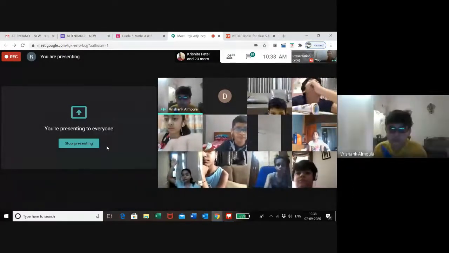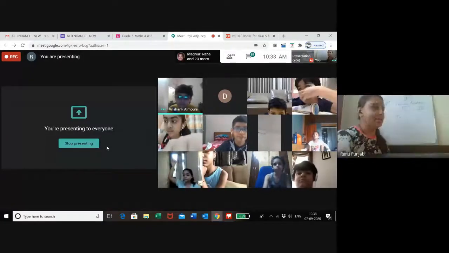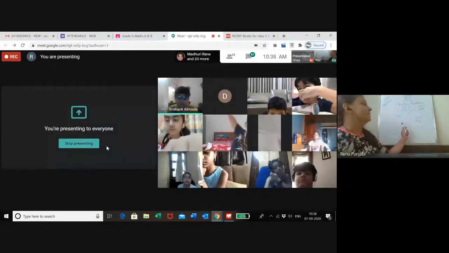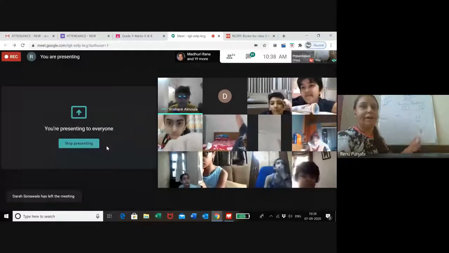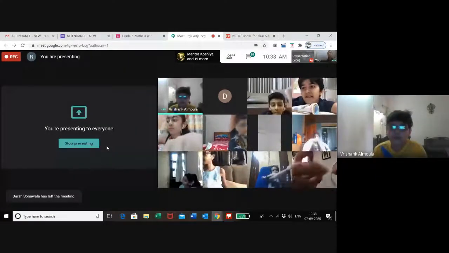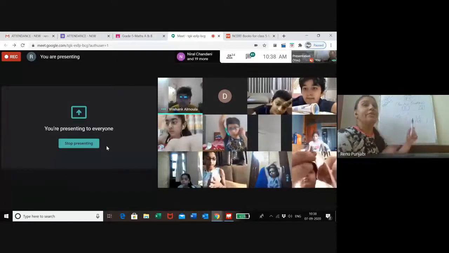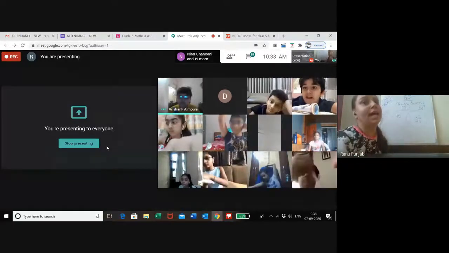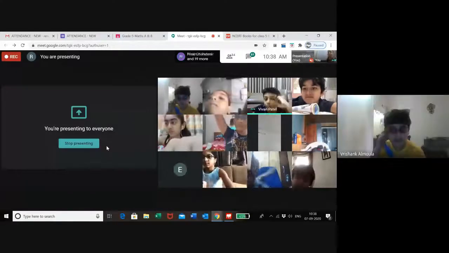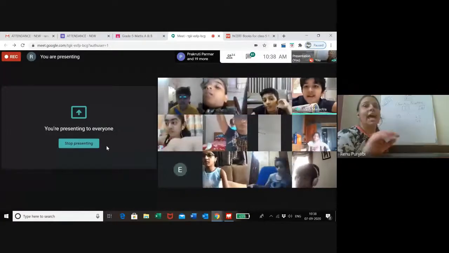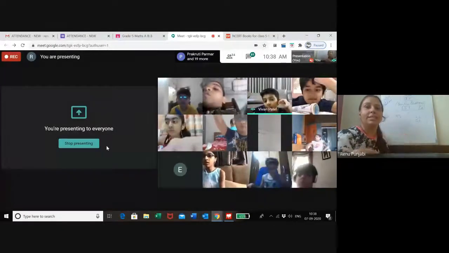Say 7. Does 7 come in the table of 3 or in the table of 5? No. So we will not write it there. We are just now revising the multiples of 3 and 5. This way, it's the activity method of revising the tables.